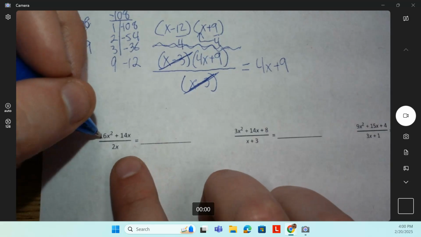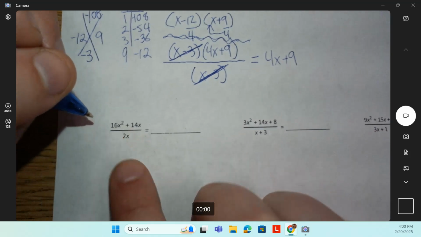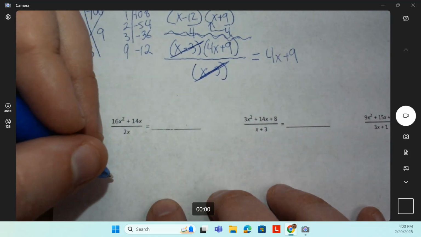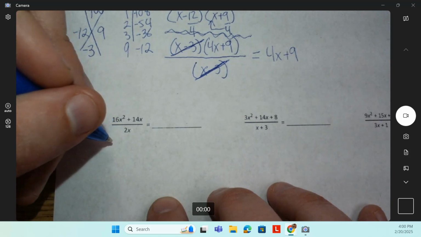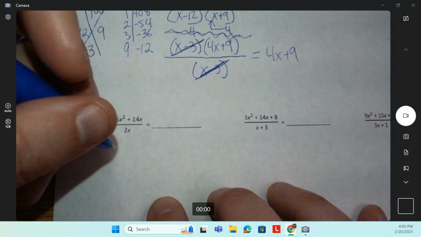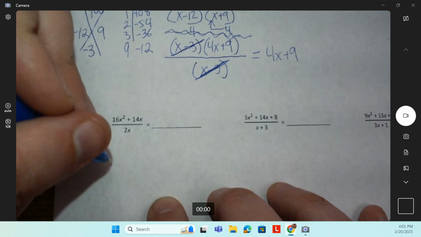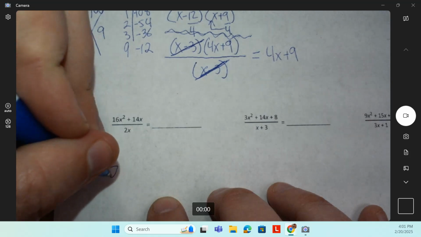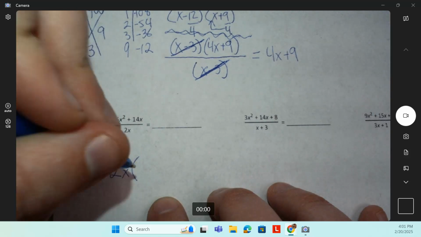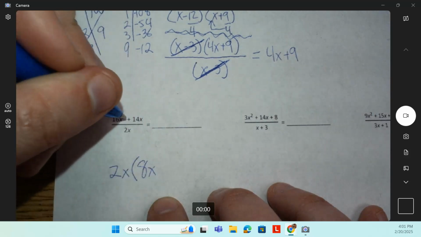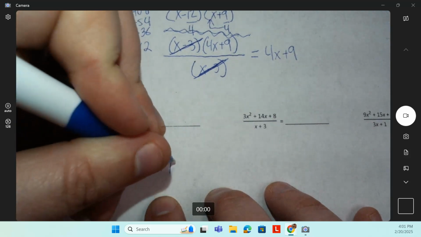Okay, looking at the next one. Again, I'm going to ignore the bottom for now and factor out the top. When I've got 16x squared plus 14x, I'm going to see what they would both divide by. I could actually pull 2x out from both of them. When I divide 16x squared by 2x, I get 8x, and 14x divided by 2x would leave me with just a 7.